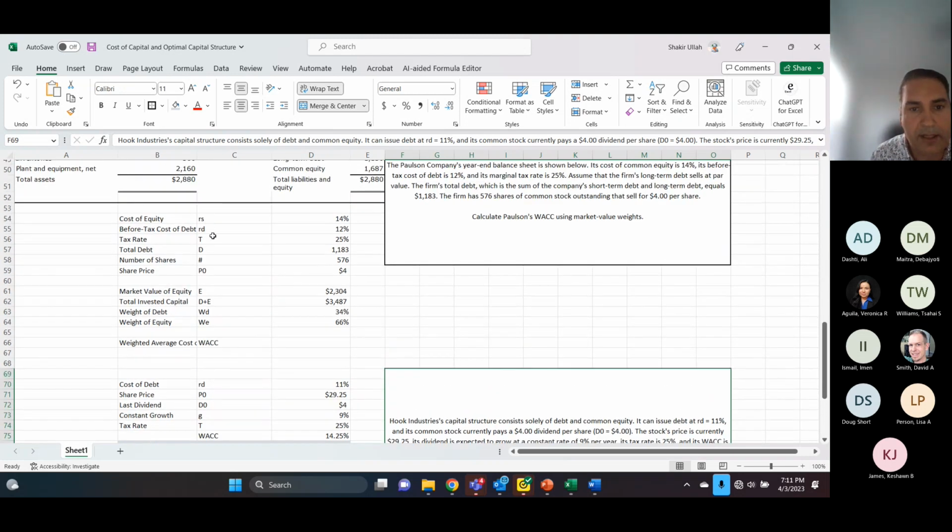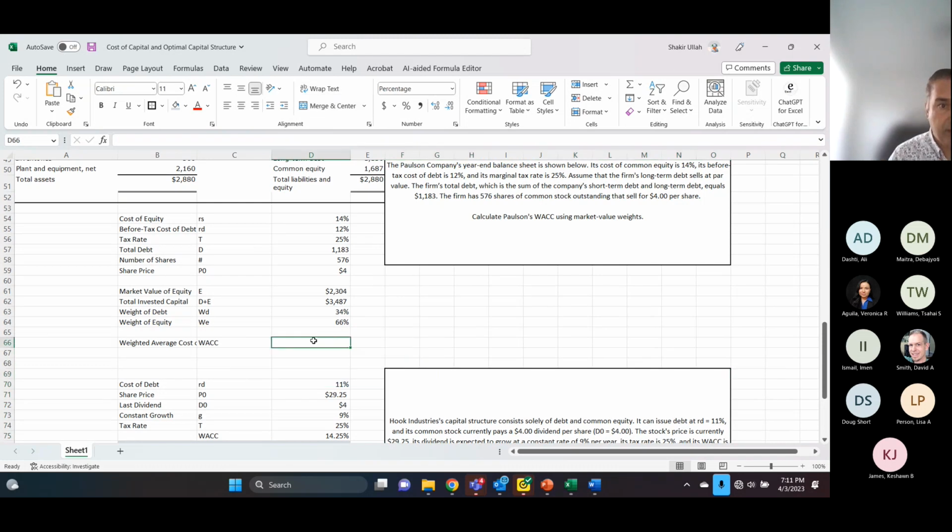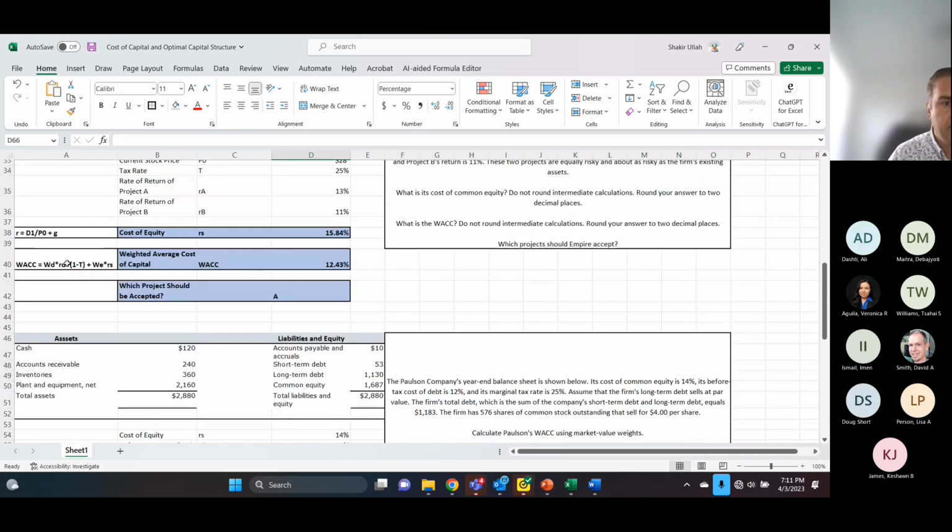RS, RD, all that is given, so we have everything. Let's copy that formula.